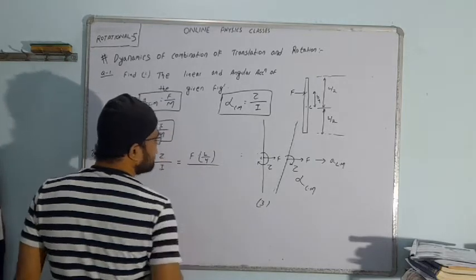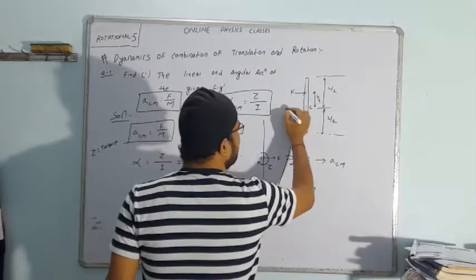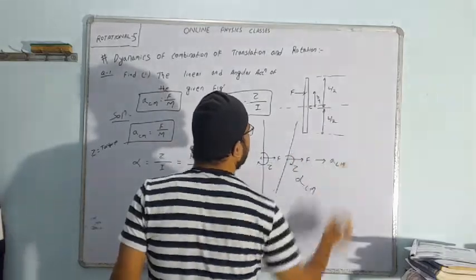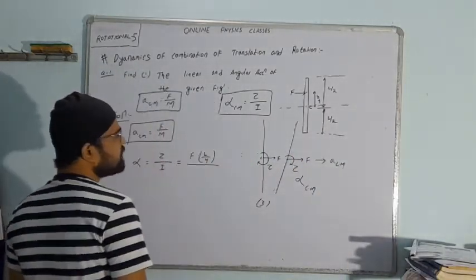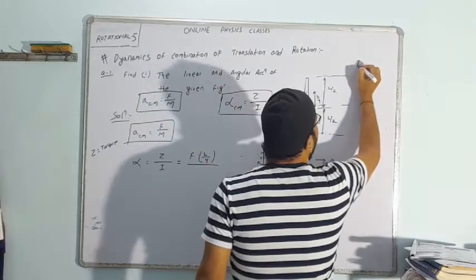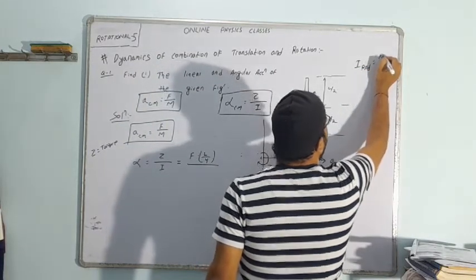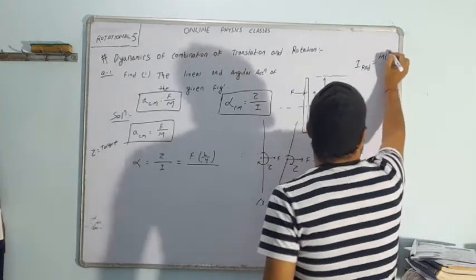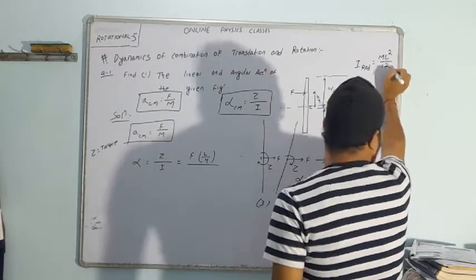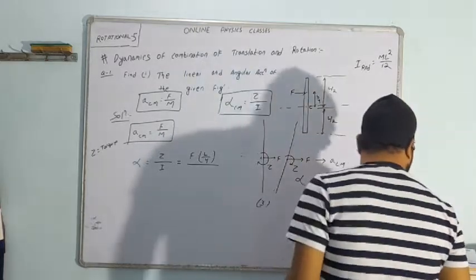And what is I? If rotation is about the center axis, what is I for a uniform rod? I for a uniform rod is ml square by 12.